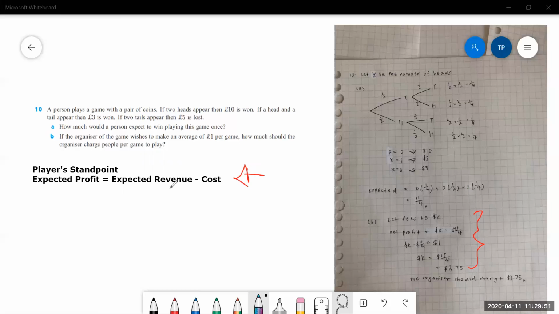From an organizer's standpoint, the player's profit is the organizer's loss. So over here, the cost, we will leave it as K dollars. Actually, like that, I think I might confuse you.